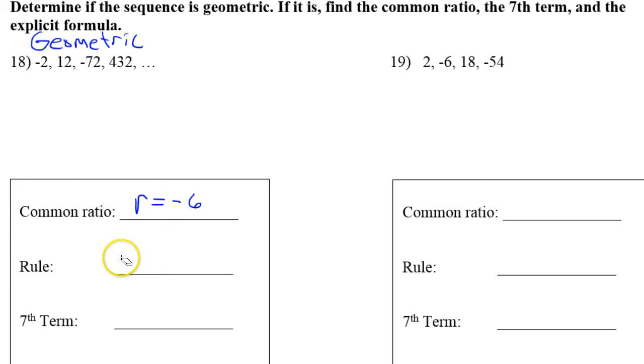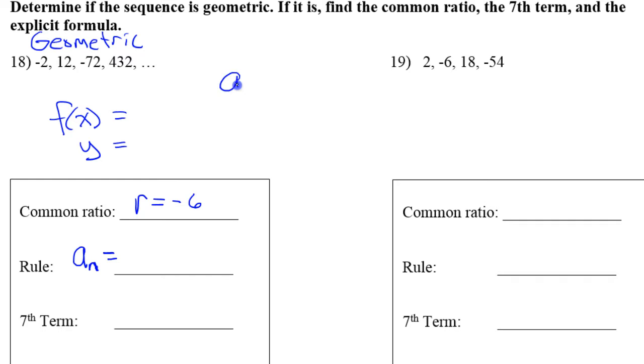When you write the rule of a geometric sequence, it always goes like this. First of all, instead of using f of x or y equals, when you're writing the rule of a sequence, you always start out by writing a sub n, a_n.